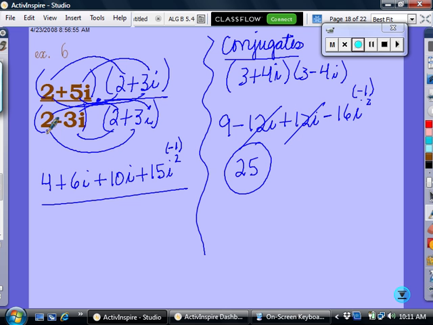First, outer, inner, last. 2 times 2, 2 times 3i, -3i times 2, negative 3i times positive 3i. Negative 9i squared. And again, when I say i squared, I see negative 1. What would I have on the top now?